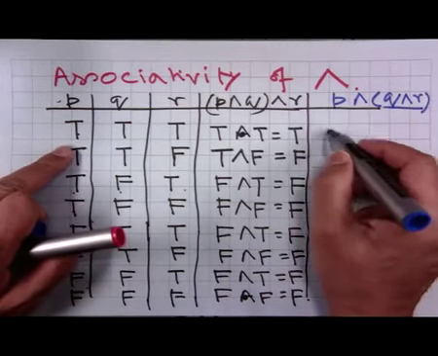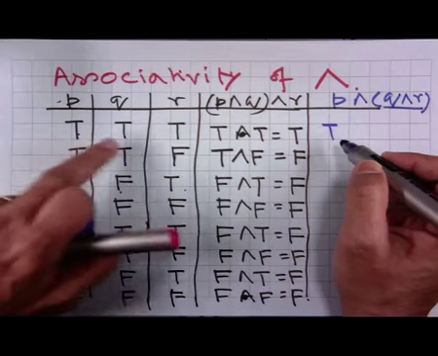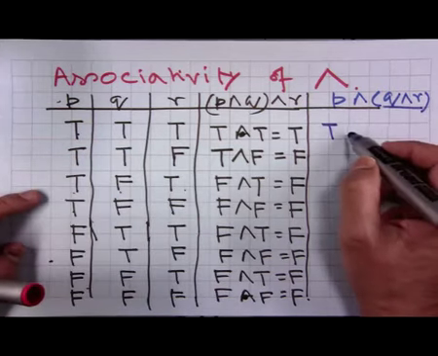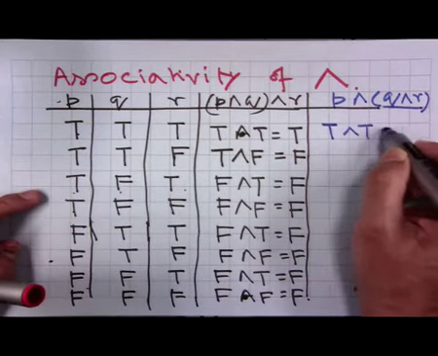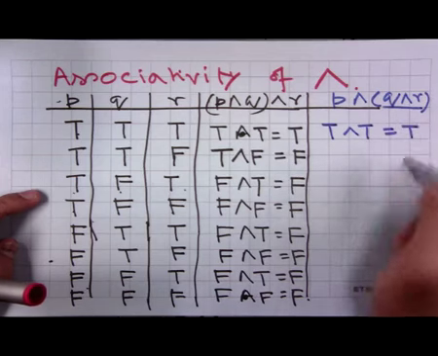So, P is true, Q and R is T and T, this is true, therefore this is going to be true.